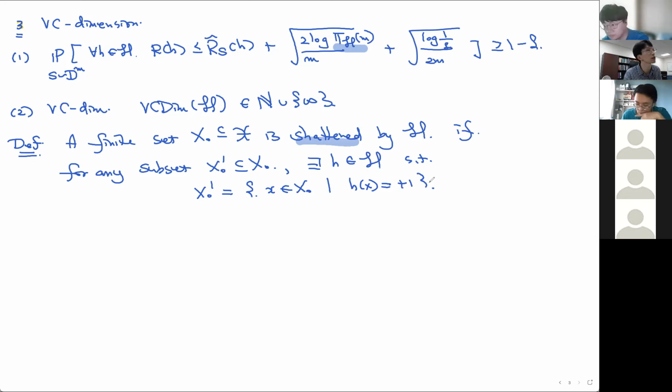That really means that we can achieve zero error. So for this finite set, any labeling we can achieve zero error by choosing an appropriate hypothesis. That's what shattered means.